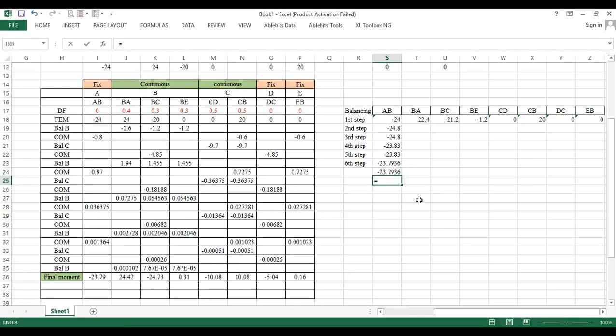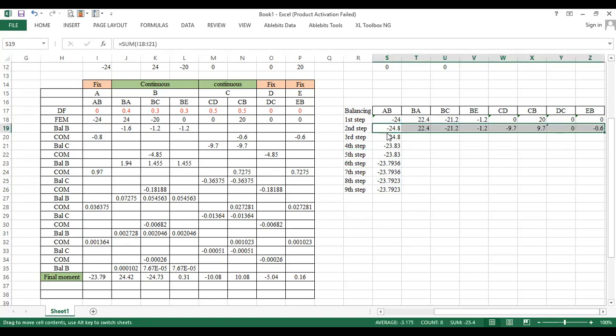This was 8th balancing step. This was 9th balancing step. You can see how accuracy changes.